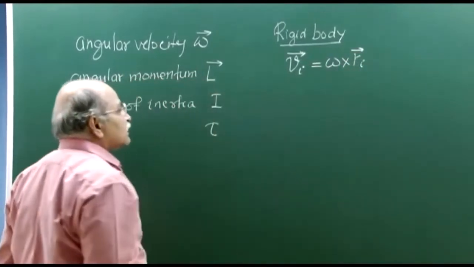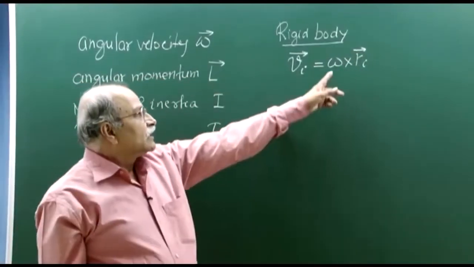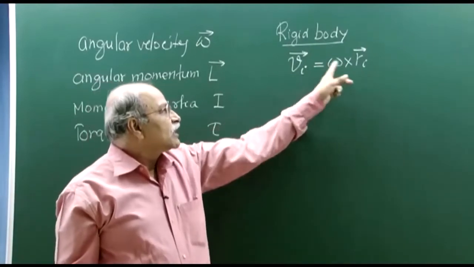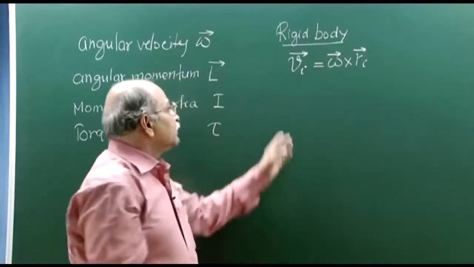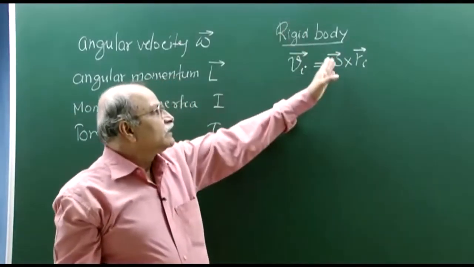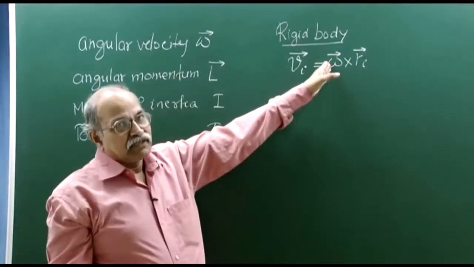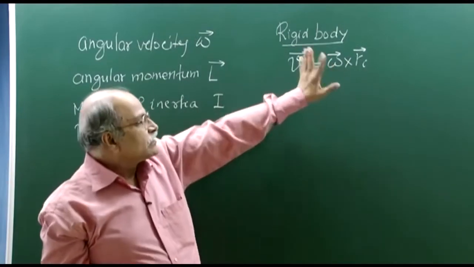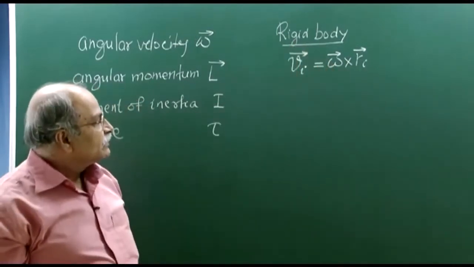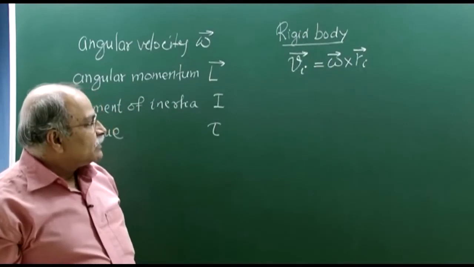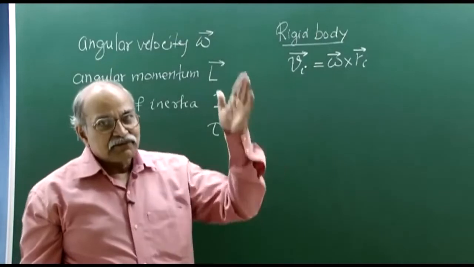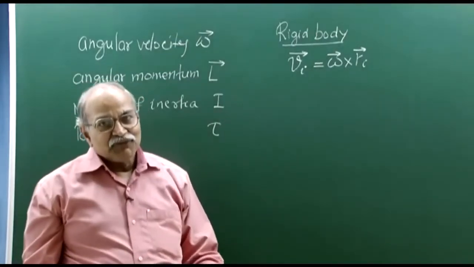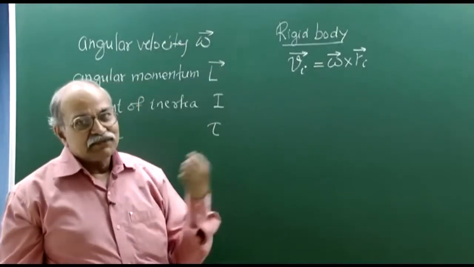Ri is the position vector of the particle, and this omega is the same for all the particles. Then you say that this rigid body has this angular velocity vector. So, that is how one can identify omega, and if something is rotating about a fixed axis of rotation, or at any instant if you can find the axis of rotation, then it is very simple.